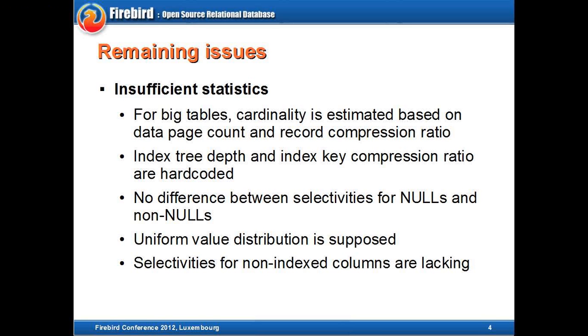So, the common solution to this problem is to use value distribution histograms. If you work with other databases, you know what it is, and this is what Firebird could have as well.